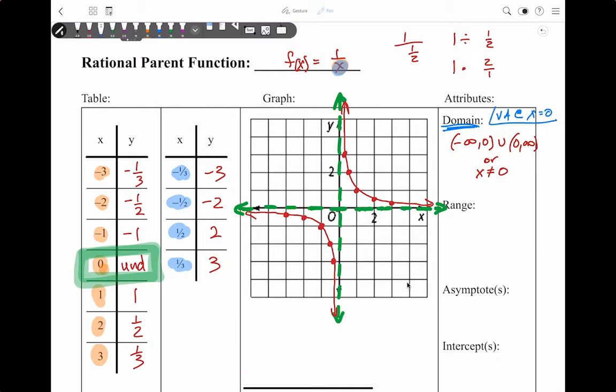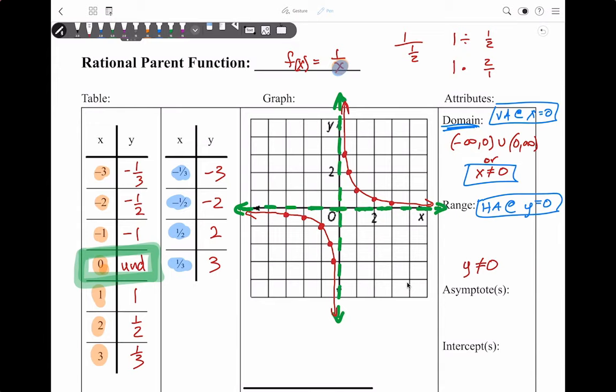Because it's a vertical asymptote, you can say the graph exists where x is not equal to zero. And the range is talking about that horizontal asymptote that we just saw, where y is equal to zero. It's going to yield the fact that the range is all the y's that are not zero.